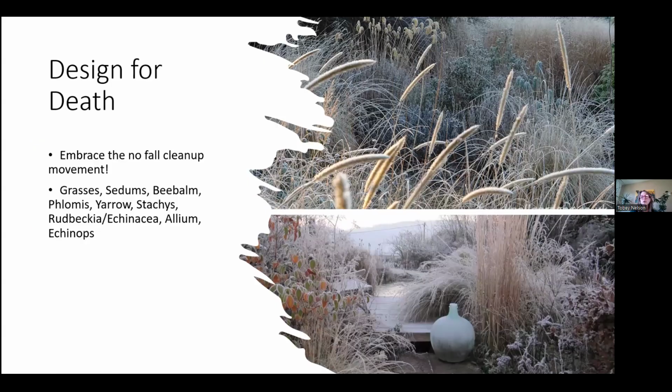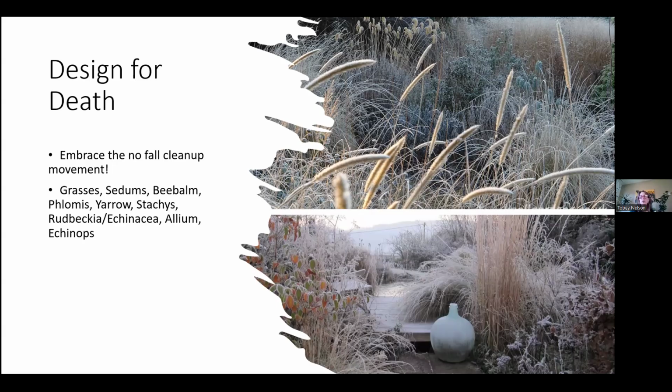Another thing we can do with our planting considerations is design for death, partly because when we are doing a habitat friendly garden maintenance regime, we aren't cleaning up. We're not doing a fall cleanup. We want to leave things standing dead.